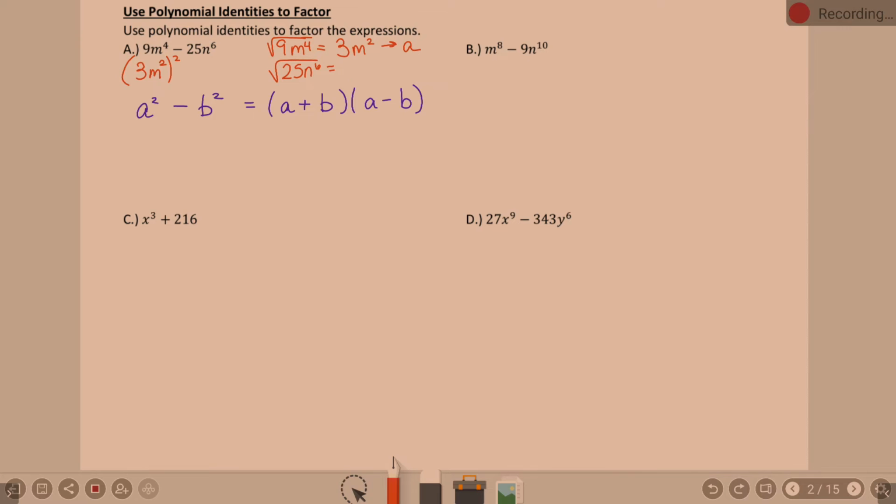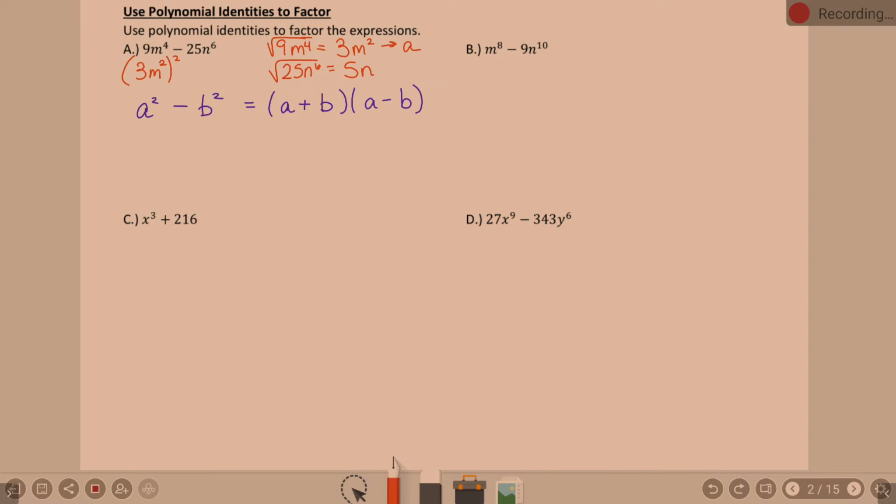Square root of 25 is 5. That's the easy part, right? Square root of n to the 6th is n to the 3rd. Because think about it, when it's an exponent, it's not taking the square root of the exponent. It's n to what power times itself is going to give me n to the 6th.